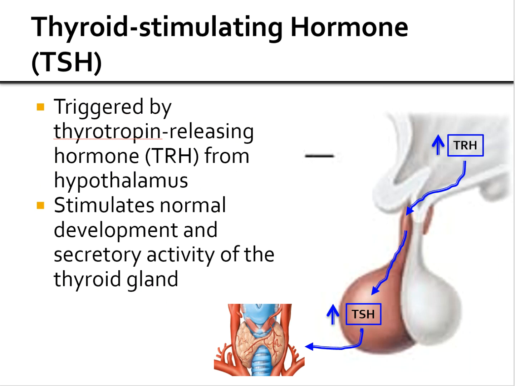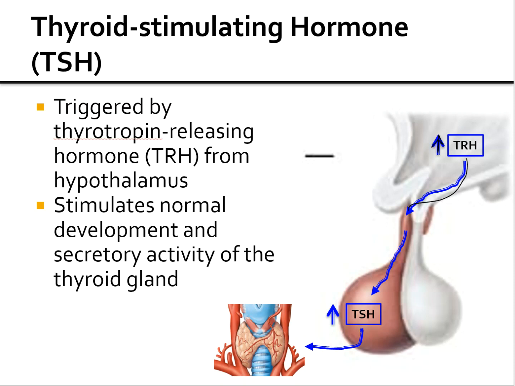Moving on to our next hormone, which is thyroid stimulating hormone. Thyroid stimulating hormone is released from the anterior pituitary, and it's triggered by the secretion of a hormone in the hypothalamus called thyrotropin releasing hormone. So you increase TRH.